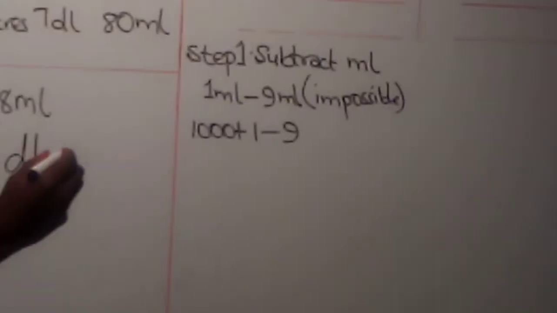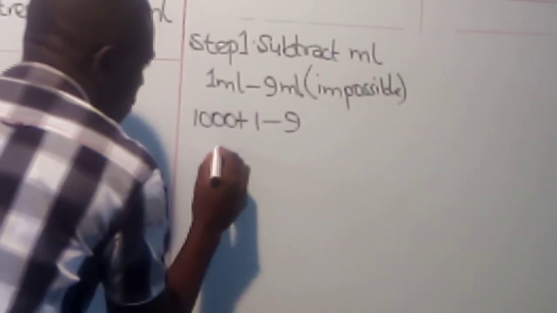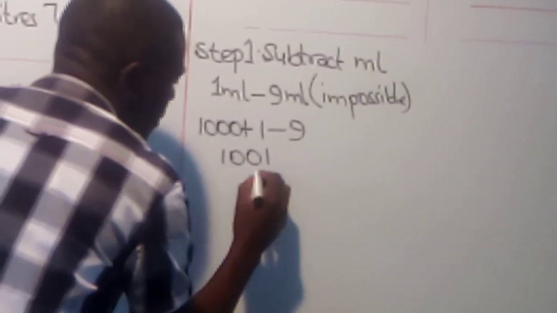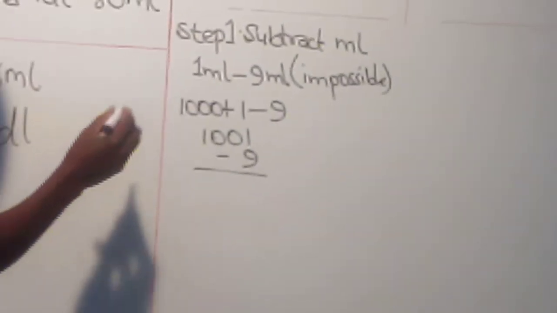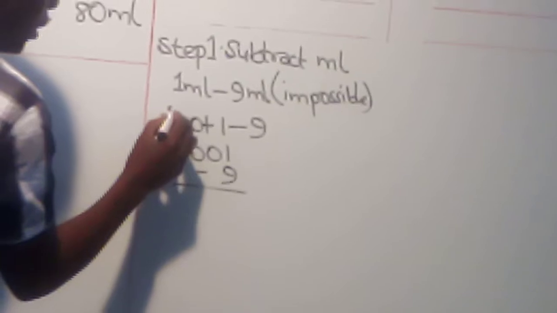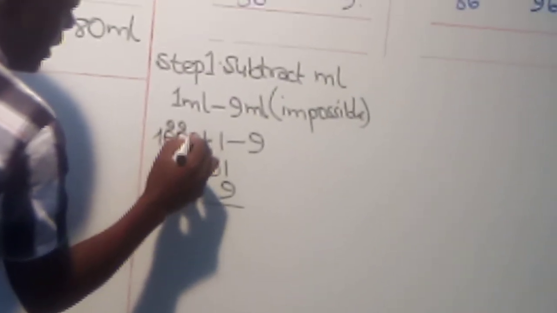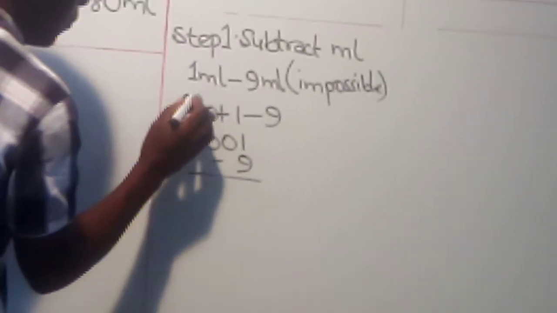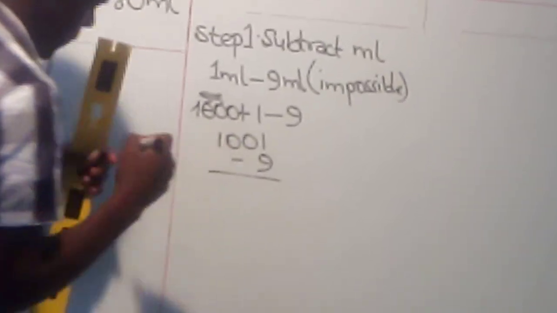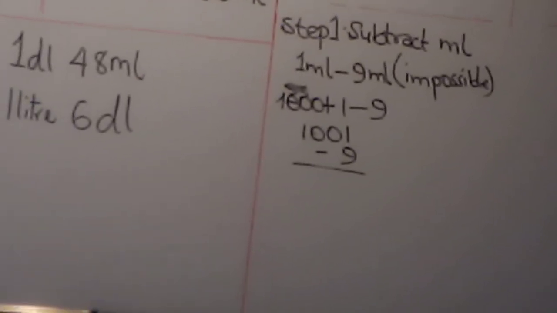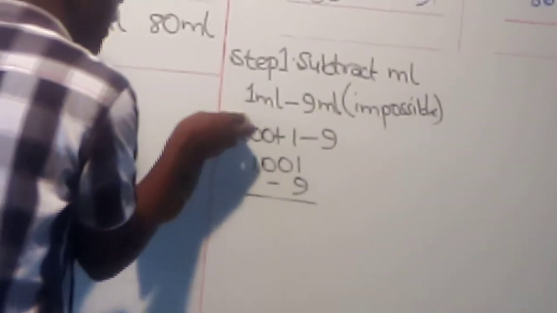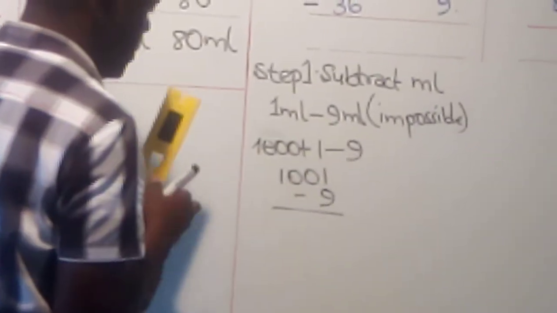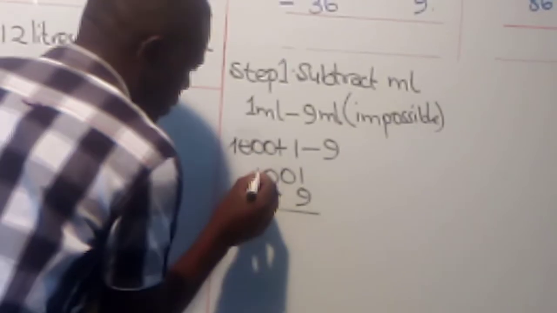That is going to be 1,001. Subtract 9. Boys and girls, we are borrowing. Allow me to rub neatly so that we don't have dirty work. Sorry for that. So we are cancelling.